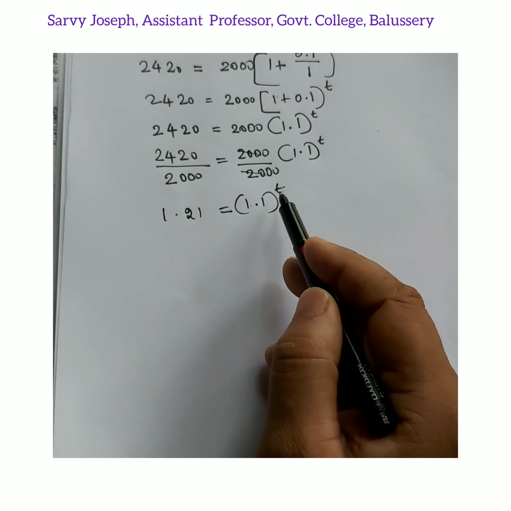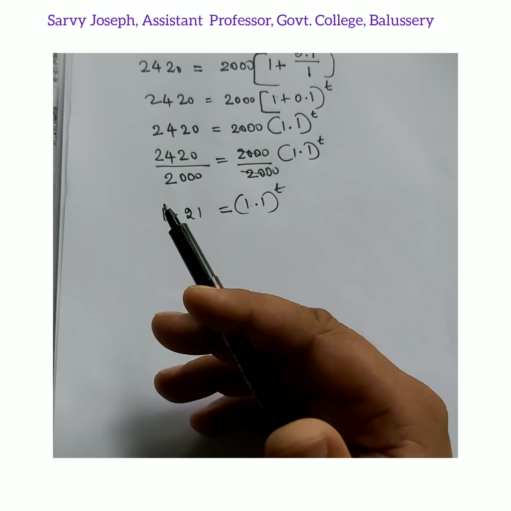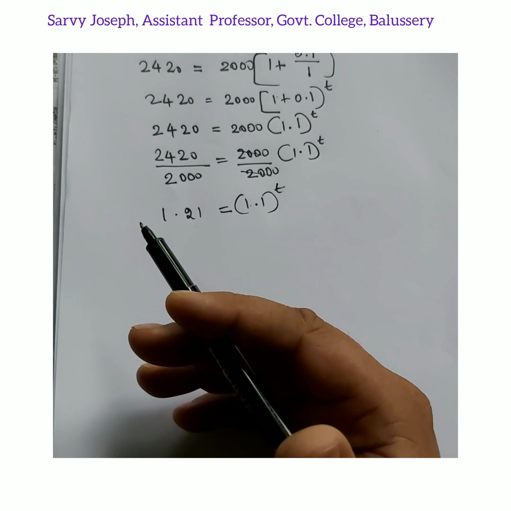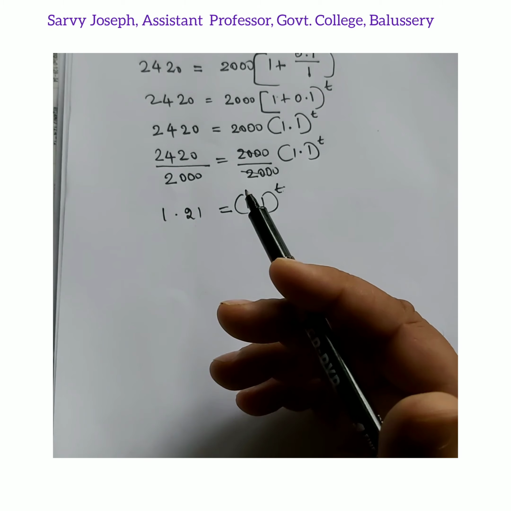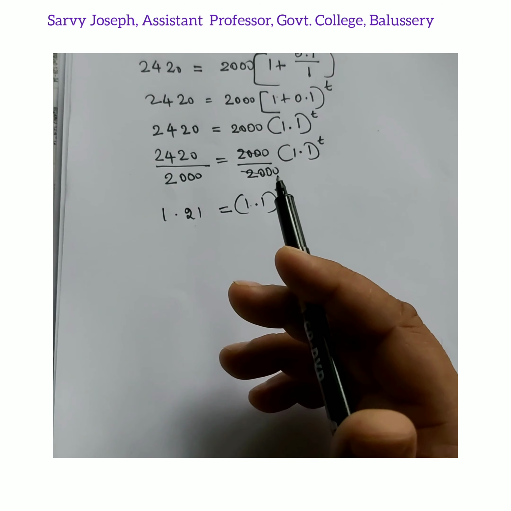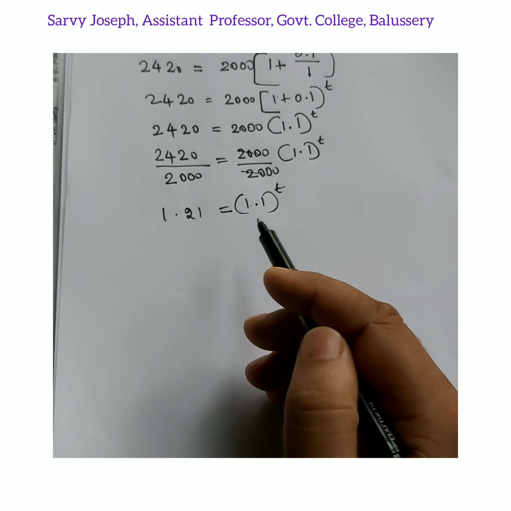A factor means factors are numbers we can multiply together to get another number. For example, 2 and 3 are factors of 6, that is, 2 into 3 is equal to 6. Here the exponent tells you how many times to use the base as a factor.